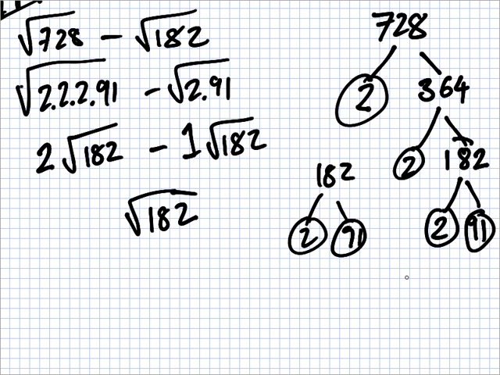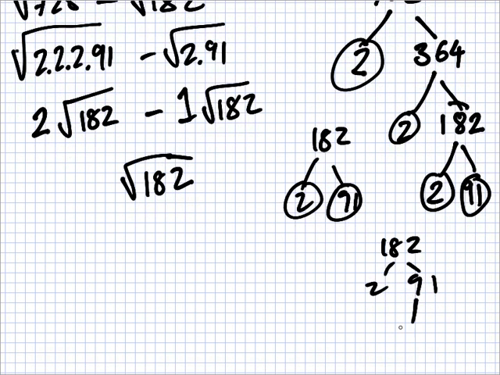So actually, it's possible that my answer of root 182 could be simplified. Yeah, so 182 is 2 times 91, and 91 is 7 times 13. Okay. There was no advantage of continuing the process, because there is no perfect square from dividing 182.